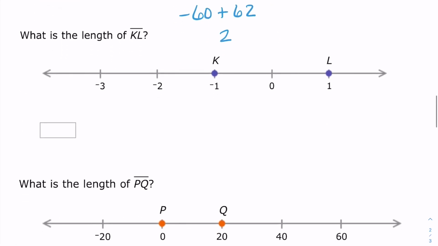All right. Let's check out this one. 1, 2 units apart. Well, that's because 1 minus a negative 1 is the same as 1 plus 1, which is 2.